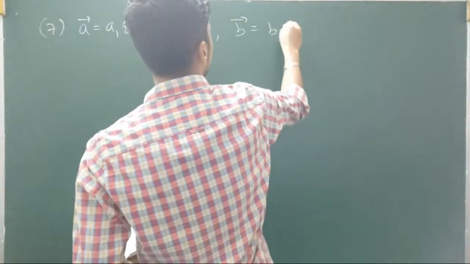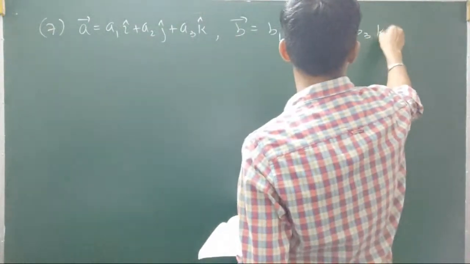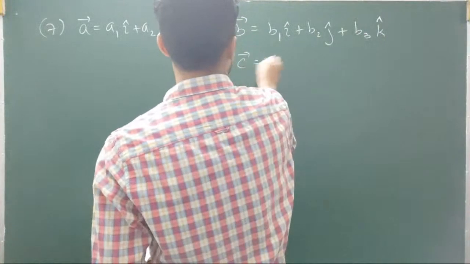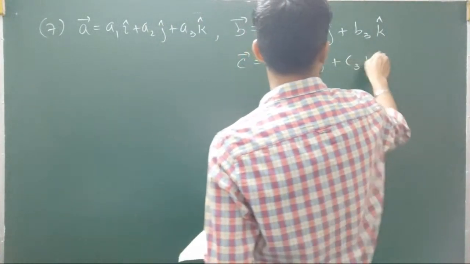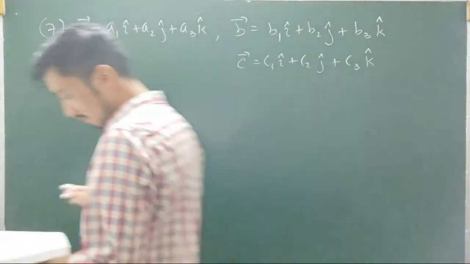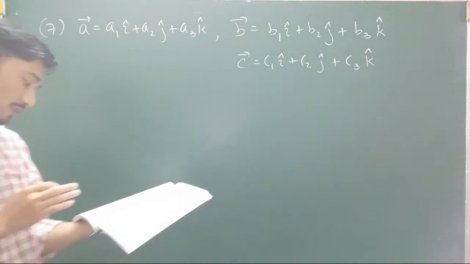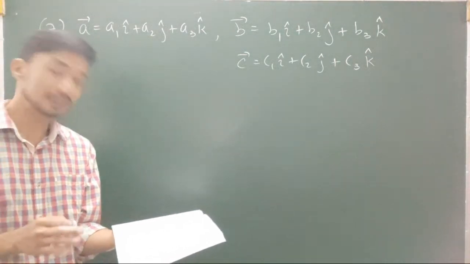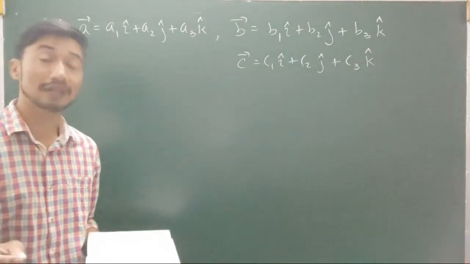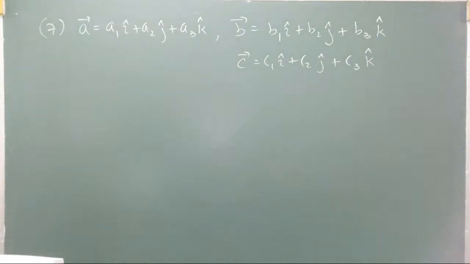Vector B, B1 i, B2 j, B3 k. Vector C, C1 i, C2 j, C3 k. That's what is given to us. Show that A cross (B plus C) is equal to A cross B plus A cross C. We have to verify that, isn't it? No problem, we will do that. How do we do that?